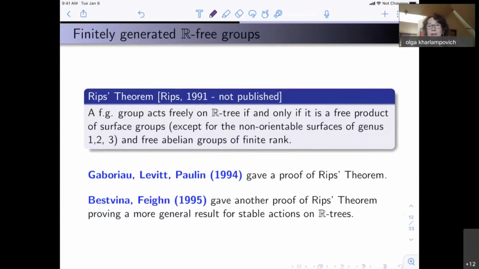This is called Rips theorem. But Rips actually never proved it; he gave a talk at some conference describing how the theorem should be proved. And it was proved by two teams, Gaboriau with Paulin in '94 and Bestvina and Feighn in '95.